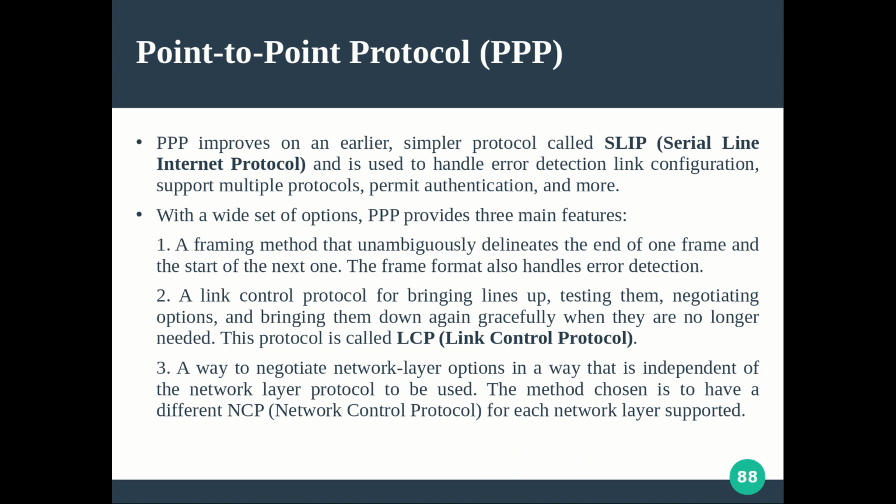For a different network layer protocol, we have a different NCP, by which it can achieve some kind of transparency towards the higher layer. So that is about the three main features of the point-to-point protocol. First of all, it has its own clear framing method and error detection techniques, and then the link control protocol and the network control protocol.